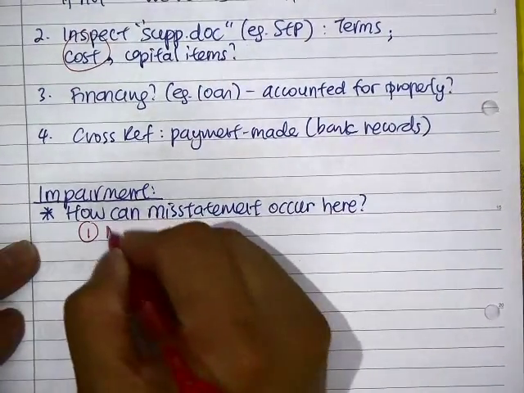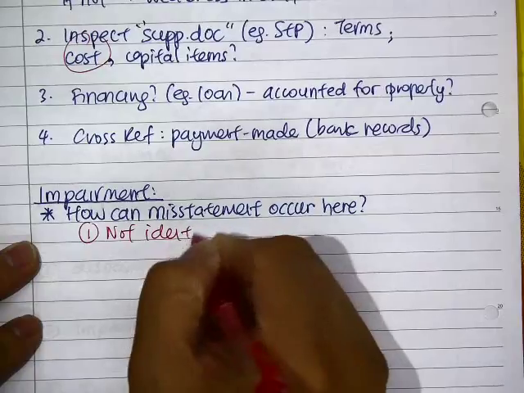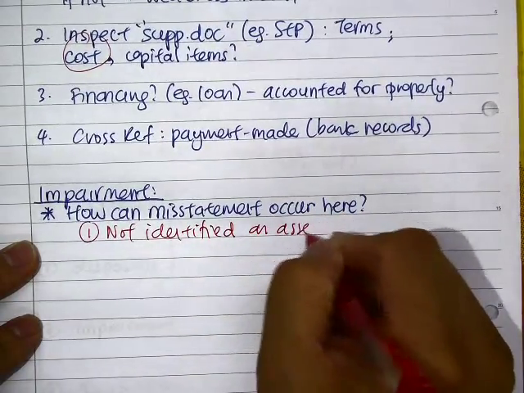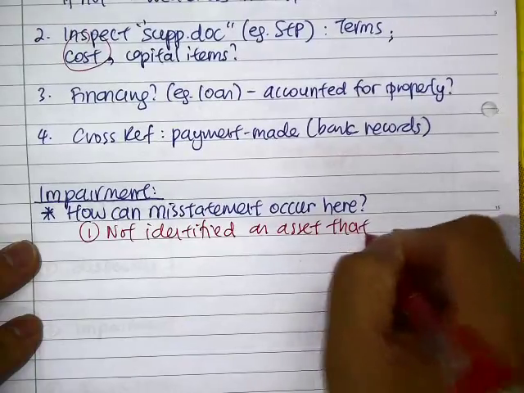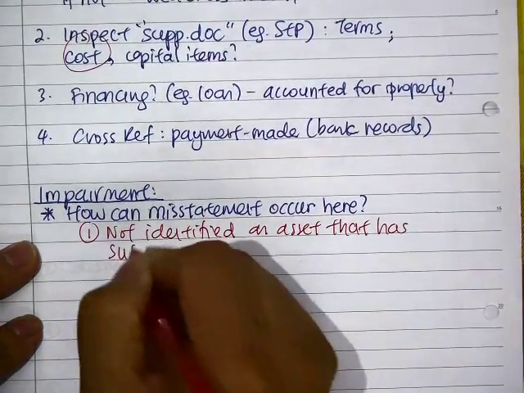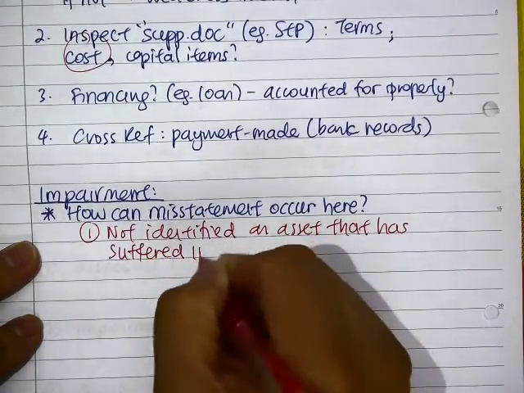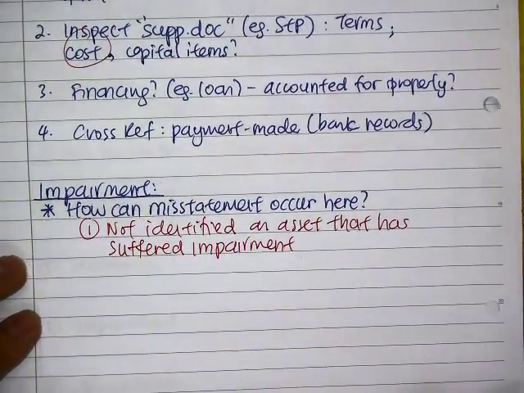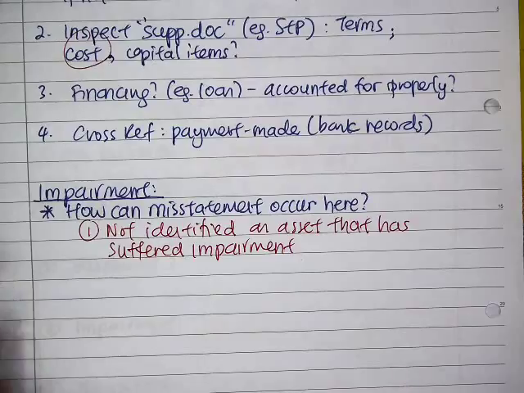So they have not identified an asset that has suffered impairment. So you don't even know that this asset has already been impaired.